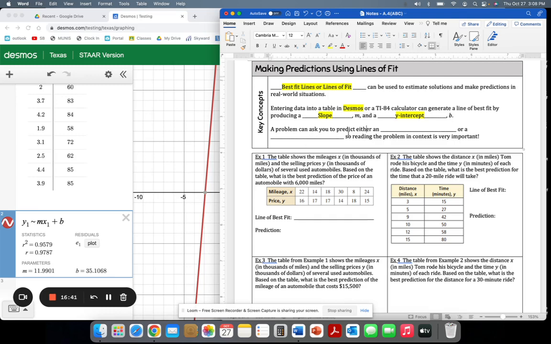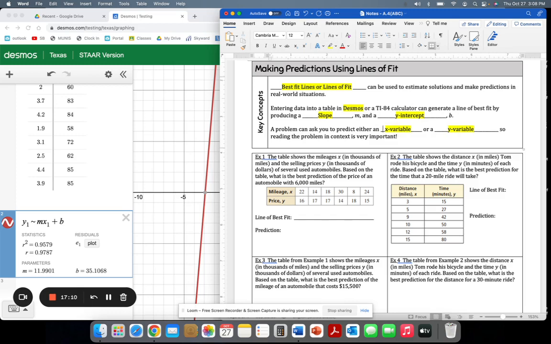A problem can ask you to predict either a blank or a blank, so reading the problem in context is very important. It could either ask for the x variable or the y variable. So you have to pay very good attention to exactly what the question is asking, so you don't answer wrong.